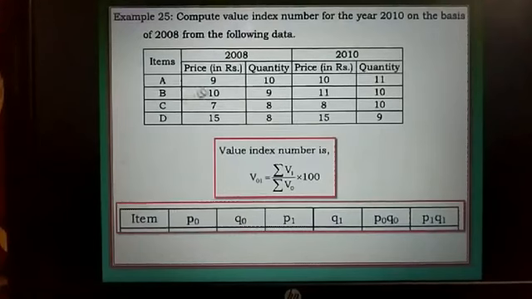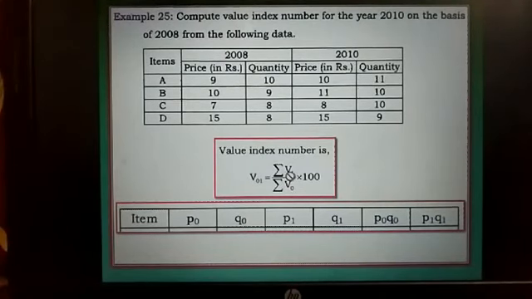This also is a known fact to us because value or expenditure is nothing but price multiplied by quantity. So here price in 2008 has been taken as P0. Look at the cursor. Quantity in 2008 has been taken as Q0. Price in 2010 P1. Quantity in 2010 Q1.